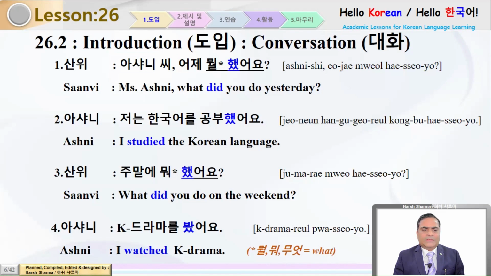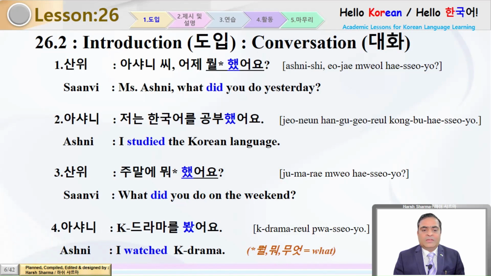Coming to the conversation, see these four sentences. Sentence one is of Sanvi: 아시니 씨, 어제 뭘 했어요? English meanings are here. You can just go through this conversation once, then we are going to start. Again, number one is 아시니 씨, 어제 뭘 했어요? Number two, 저는 한국어를 공부했어요.